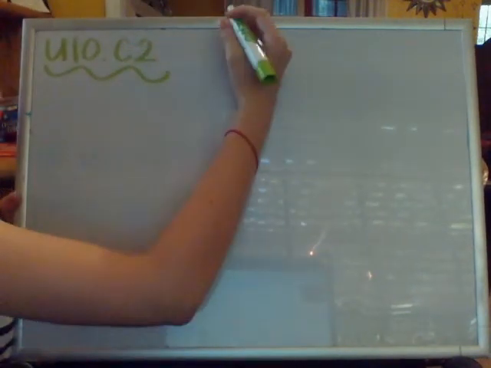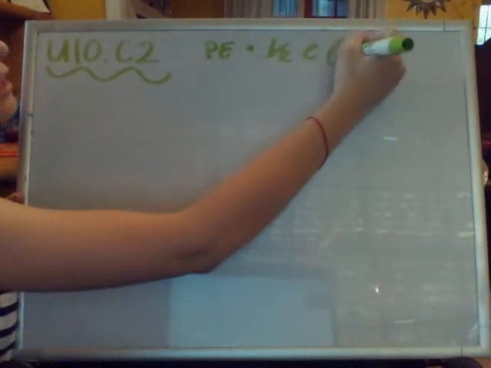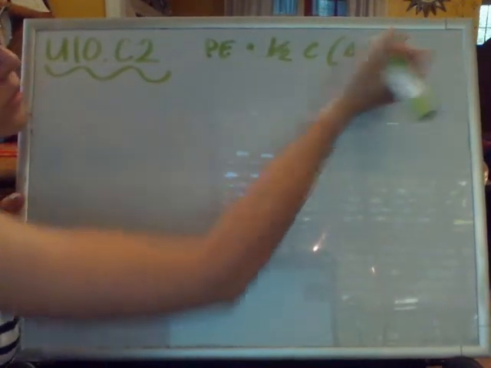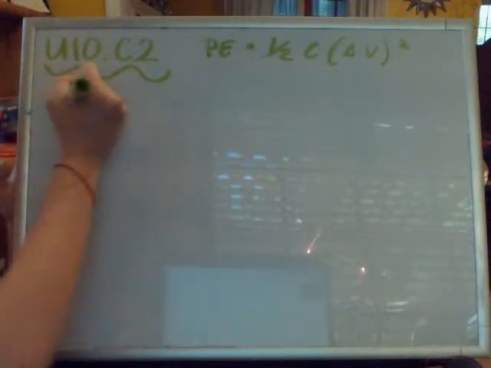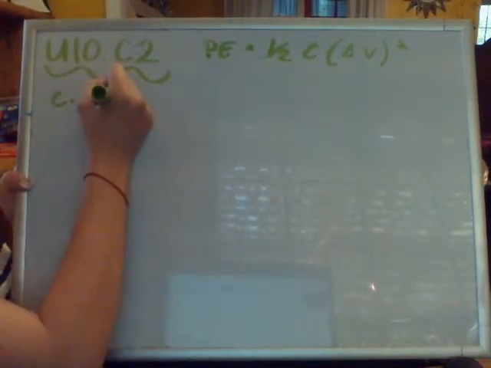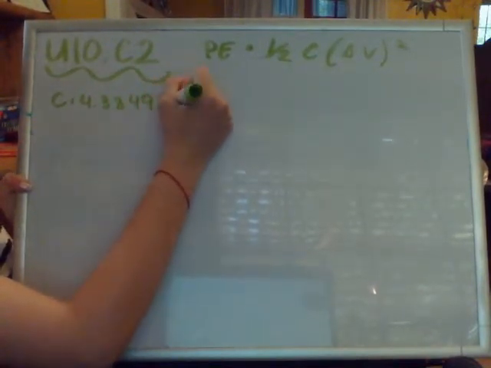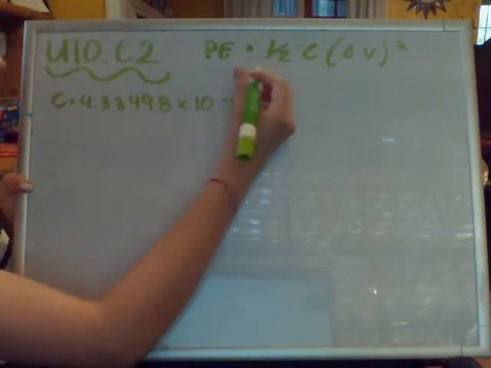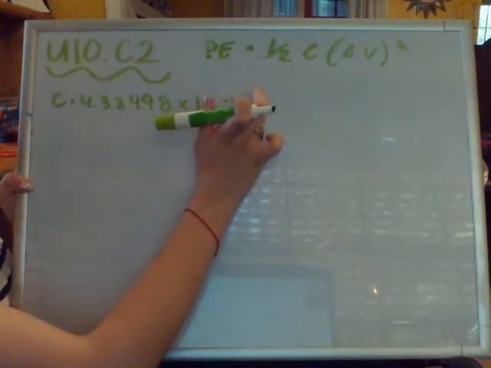So we're going to write it up here. It's PE equals 1/2 C delta V squared. And today our problem tells us that the capacitance of the capacitor is 4.33498 times 10 to the negative 6 farads, which is the SI unit for capacitance.